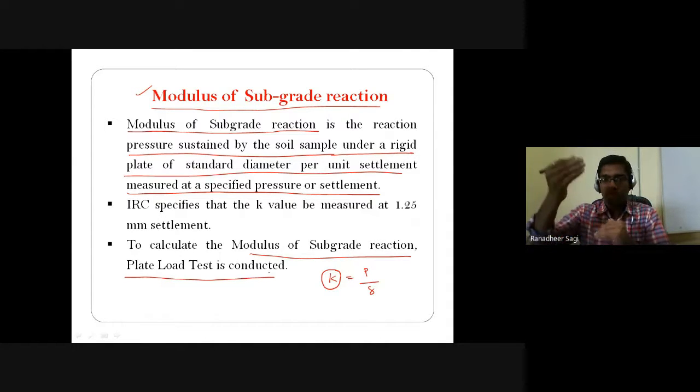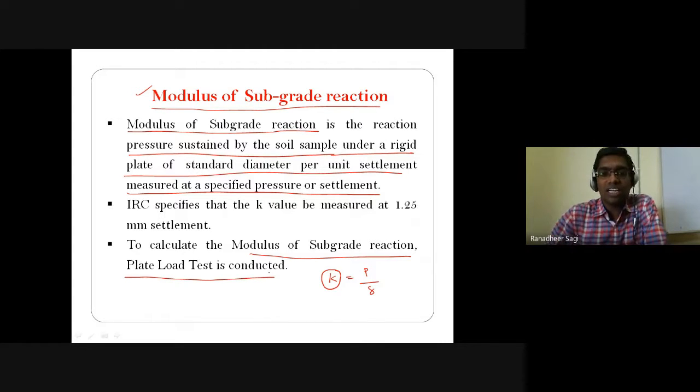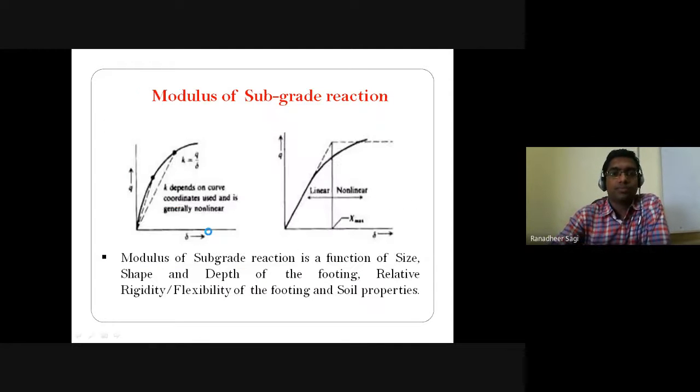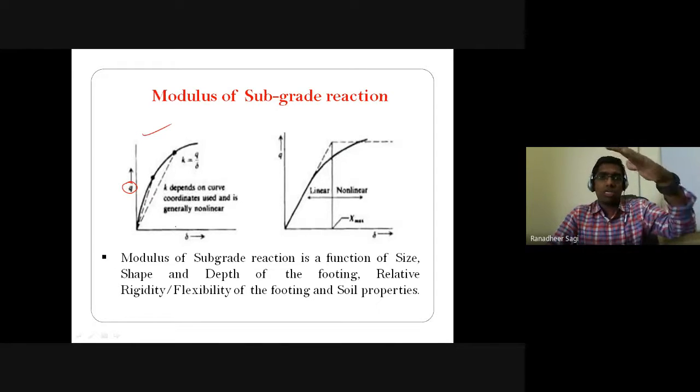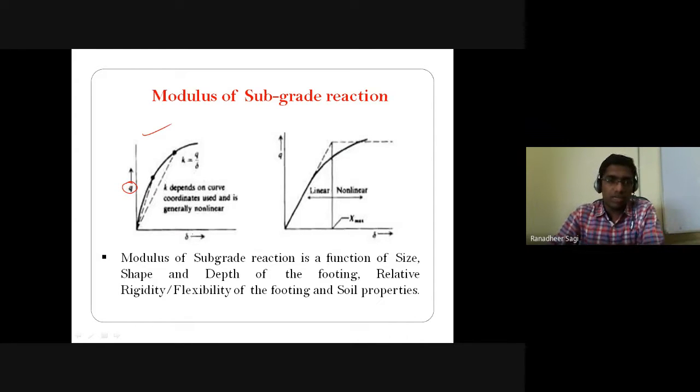So for that applied pressure, we try to understand how much corresponding settlement is happening in the plate. From the load versus settlement curve that we plot from the plate load test, you can calculate what is called the modulus of subgrade reaction. Let's say the curve I look at here is a graph you plot between the pressure transferred through your plate onto the soil versus delta, which indicates the settlement happening in the soil due to that pressure.